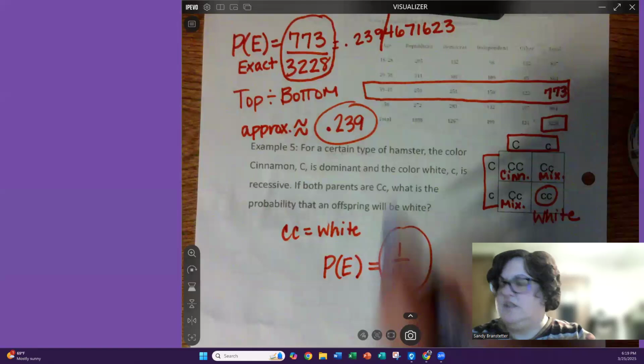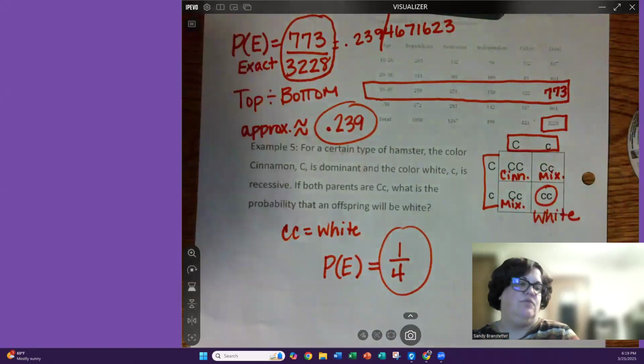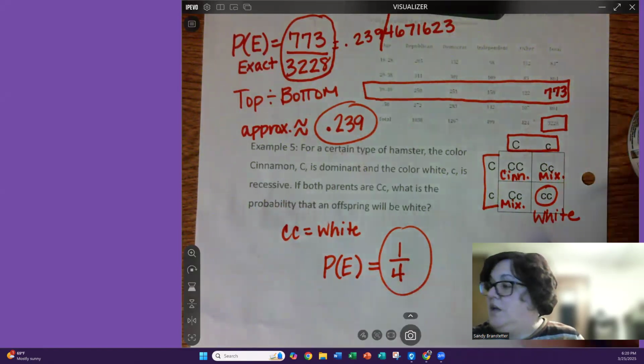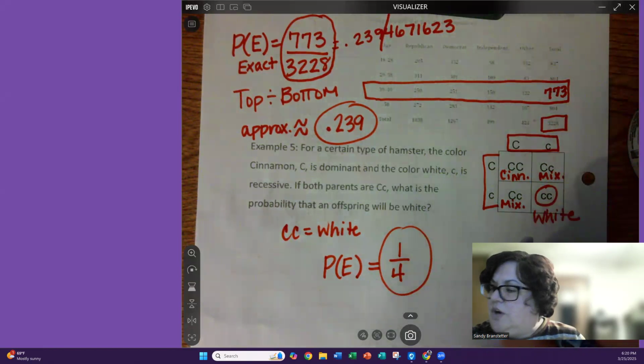And again, that's in lowest terms, so we don't have to reduce or simplify. All right, so probability, think: number of possible is your bottom number. Number of what you want is your top number.